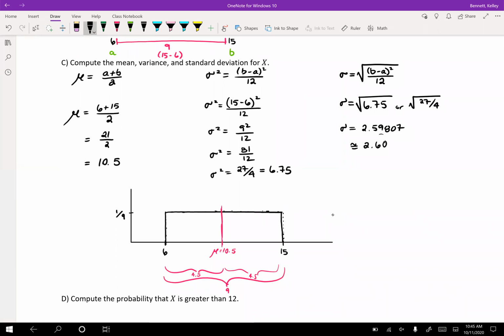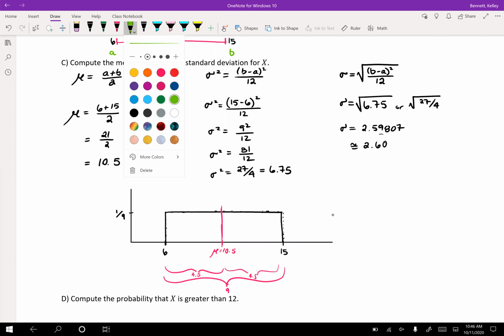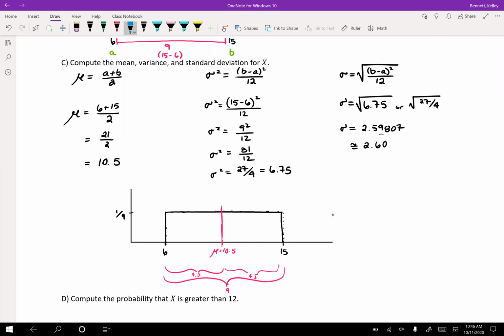So if I wanted to move one standard deviation to the right of the mean, that would mean you're at the mean and then you would go over one standard deviation, which is 2.6. So this distance is 2.6. So if I'm already at 10.5 and I go over 2.6, then that's going to put me at 13.1.